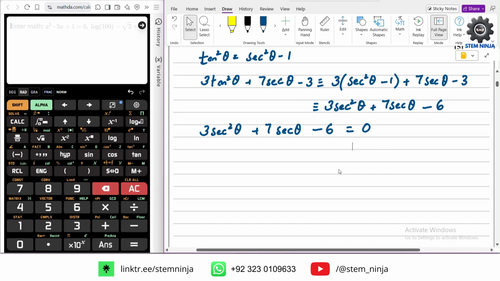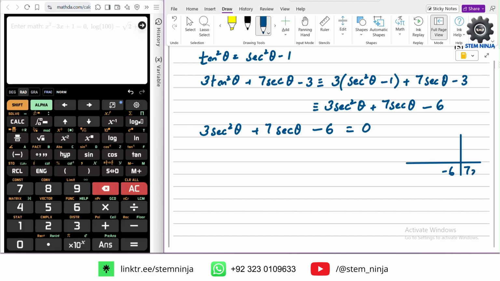Now we need a product. Let's try using the sum and product rule. You can try a different method of sum and product, but more or less they will be the same. So you have a product, you have a sum. There's only one way to get 3, but there is more than one way to get 6.